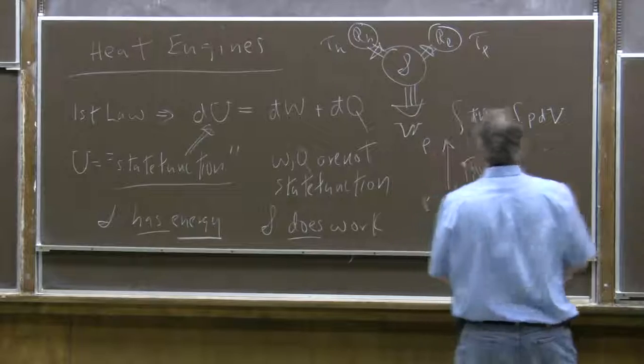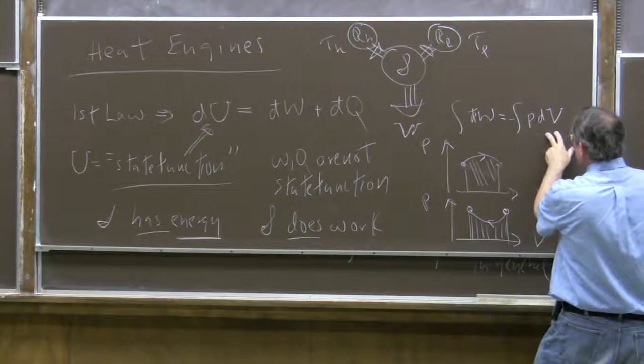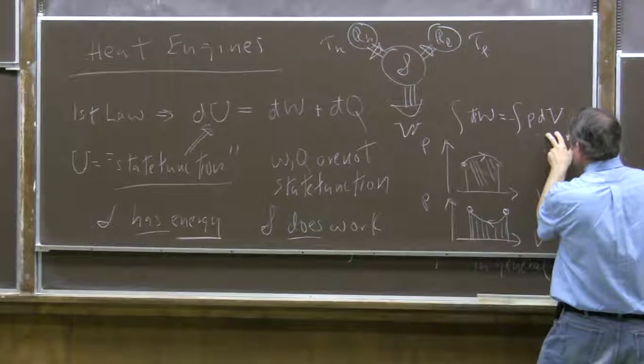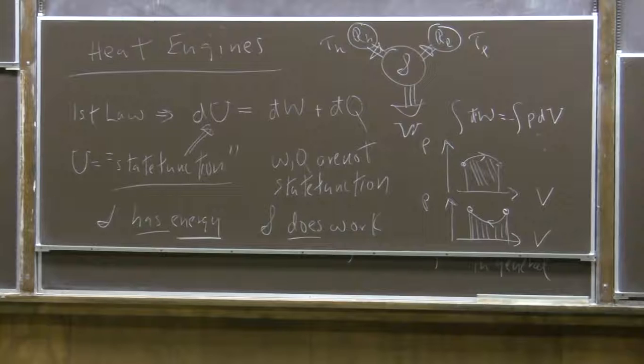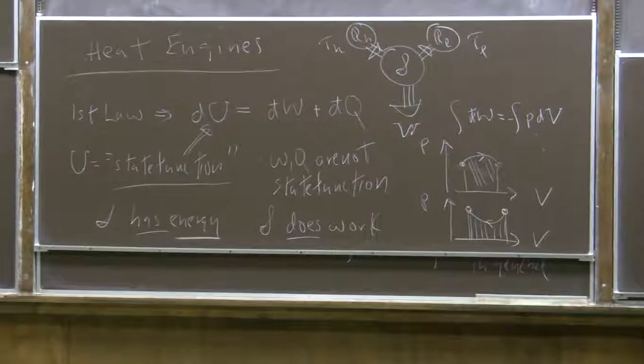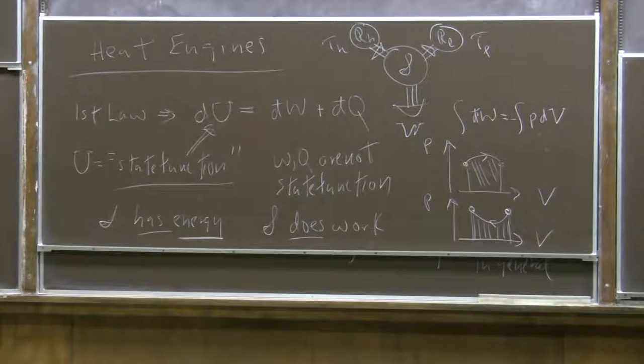Does that look right? Then when the system expands, the work done on the system is negative. When it's compressed, the work done on the system is positive. So then I would put this here, and then get rid of this, and this, and this. So the net work done by the system is the net heat flow into the system.